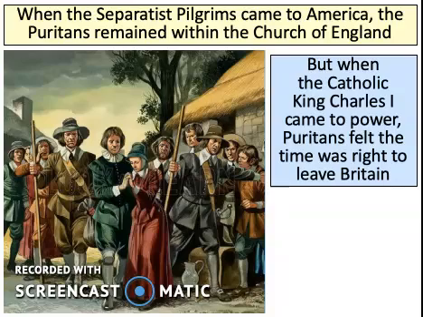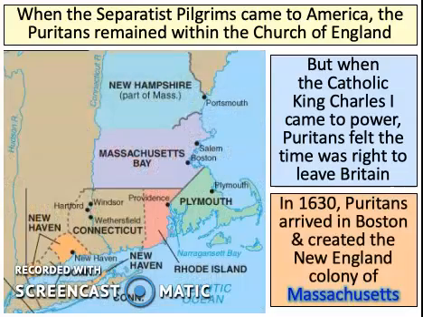Now, after the separatist Pilgrims come to America, the Puritans remained within the Church of England. But things change. King Charles I comes to power, and the Puritans felt it was time to leave England. And so in 1630, Puritans are going to arrive in Boston and create the New England colony of Massachusetts.